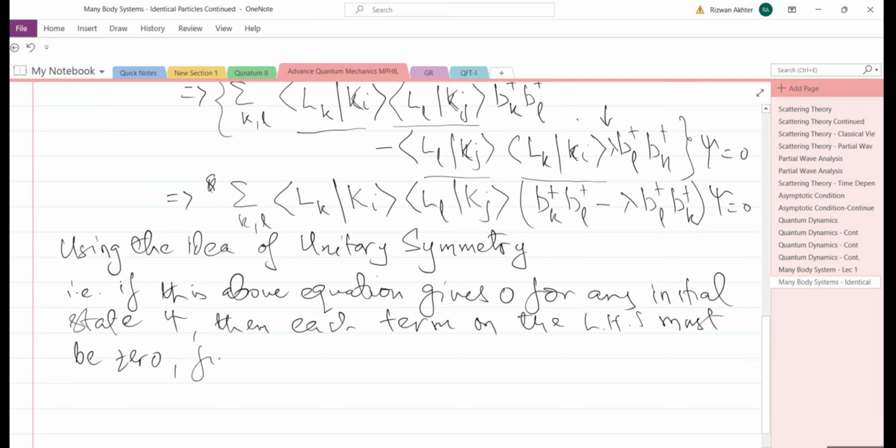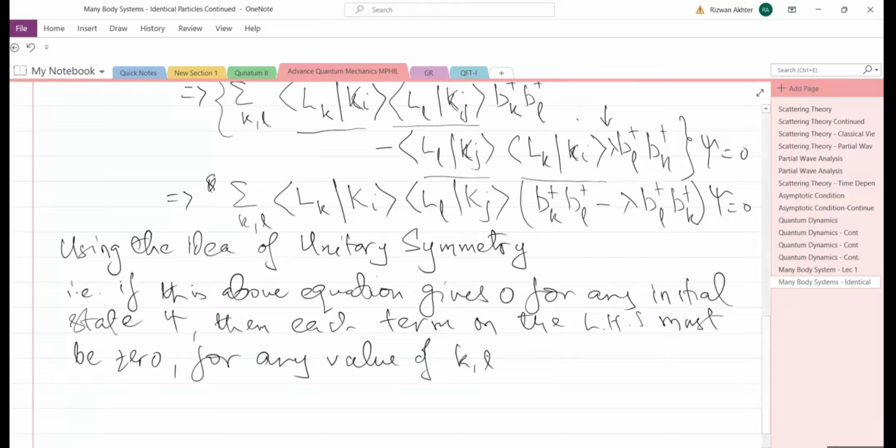And this is true for any value of small k and l. And this is basically the concept of unitary transformation. That is, you can transform to a new state, and then you can transform from the old state to new state, and from the new state to old state.